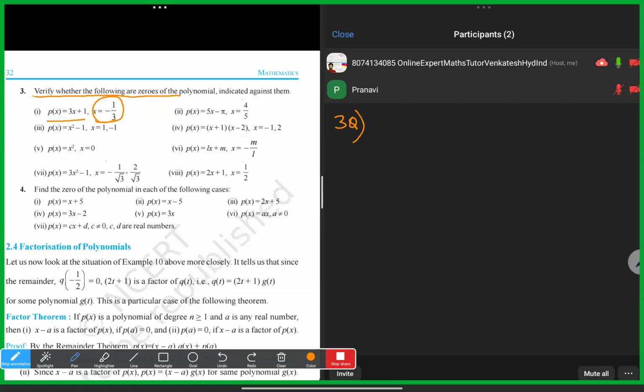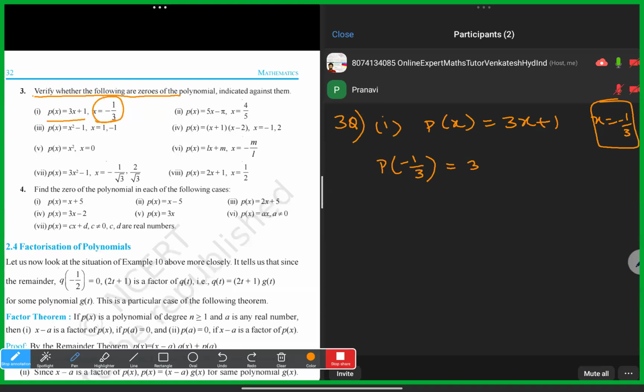Okay, Pranavi? Yes, sir. So here, the first question is p of x is 3x plus 1. Now the x value is minus 1 by 3, and they are asking us to check whether this particular x value is a zero of the polynomial or not. So for that, I have to do p of minus 1 by 3.